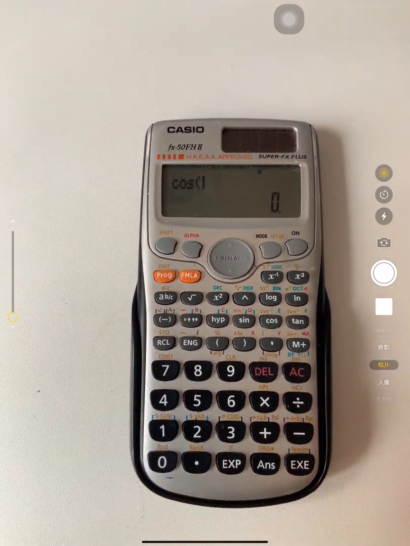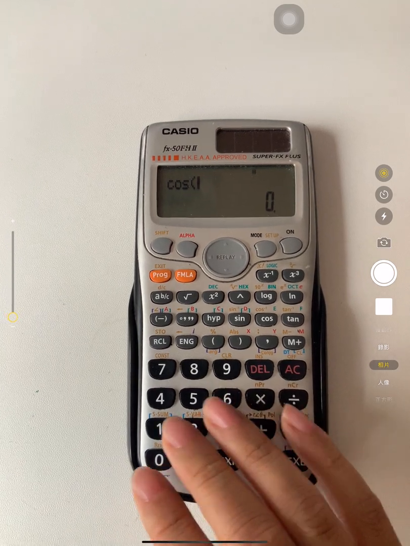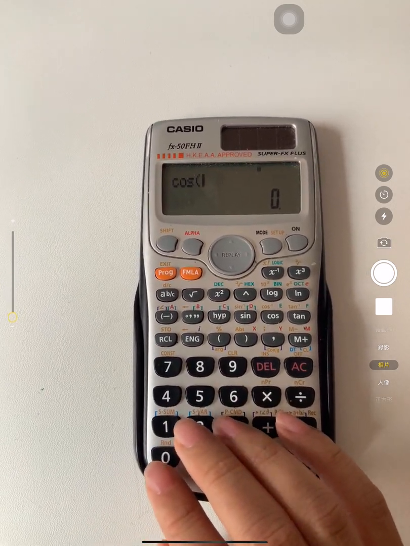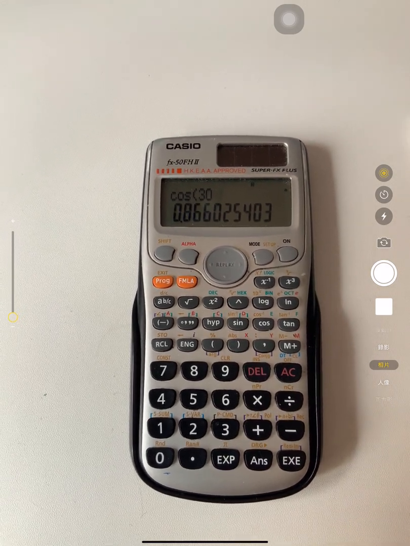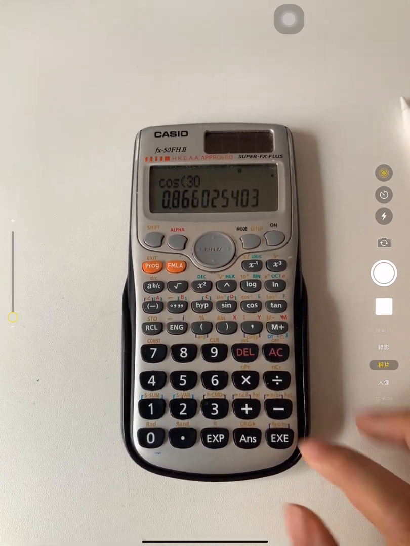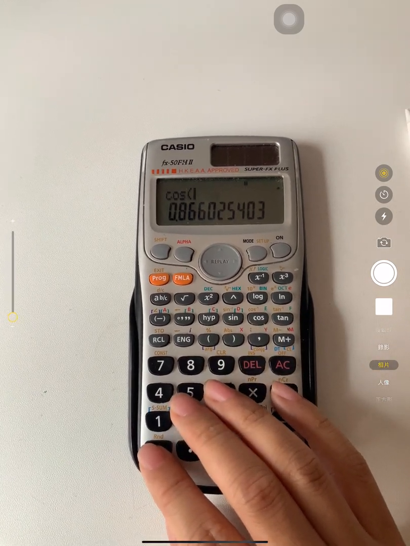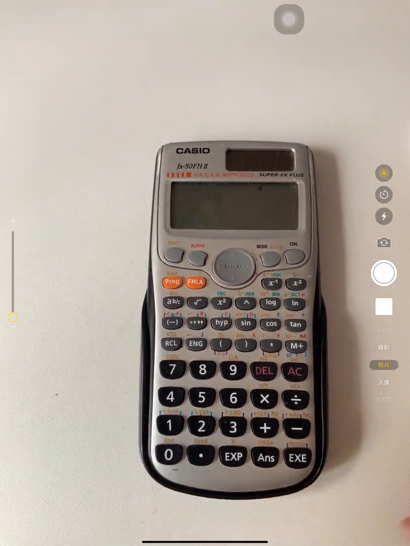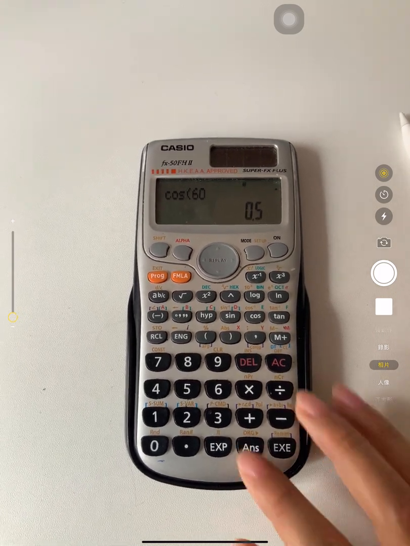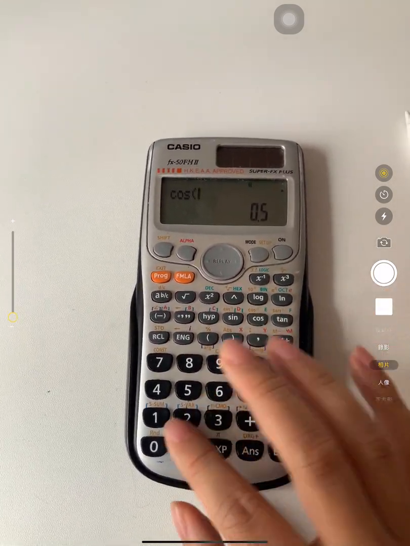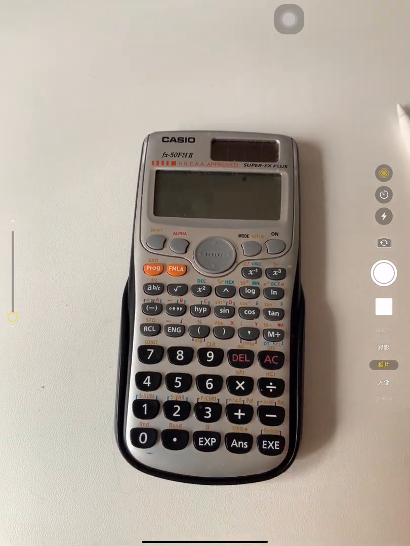For example, I want to calculate cosine 30 degrees, and you can see the answer: very accurate, right? 0.866 something. For example, if we want to calculate cosine 60 degrees, oh, this one is much nicer. It is 0.5, right? So you use this cosine key and then put the degree inside.